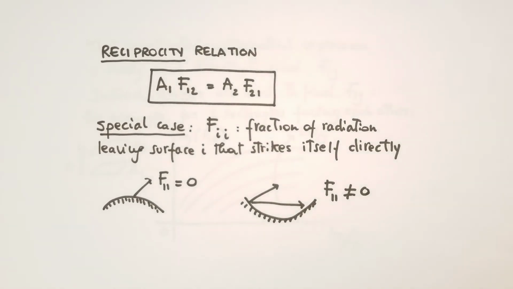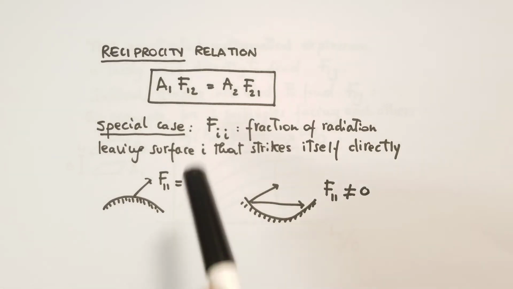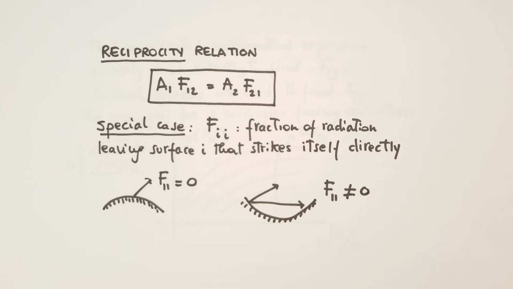We are considering surface A1 and surface A2. The reciprocity relation says that the product of A1, the area of surface 1, times the view factor F12, is equal to A2 times the view factor F21.